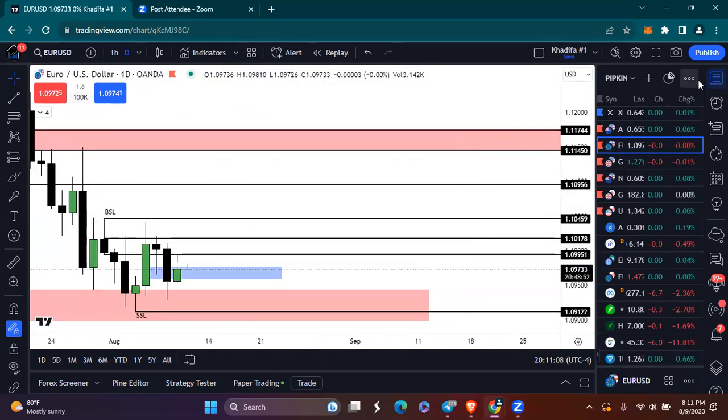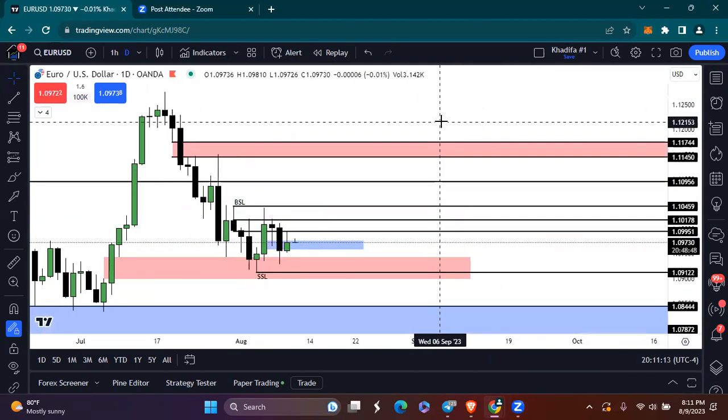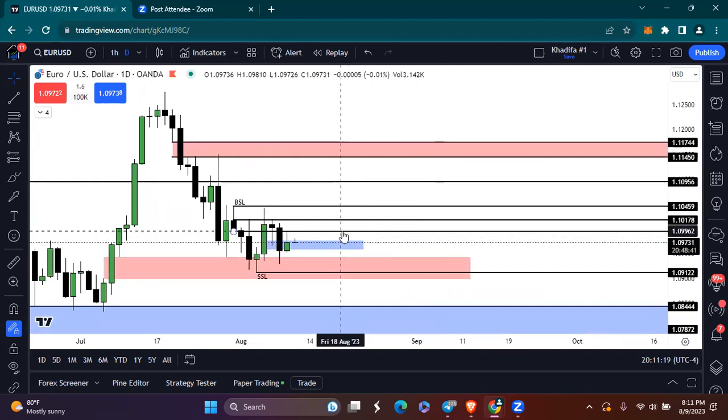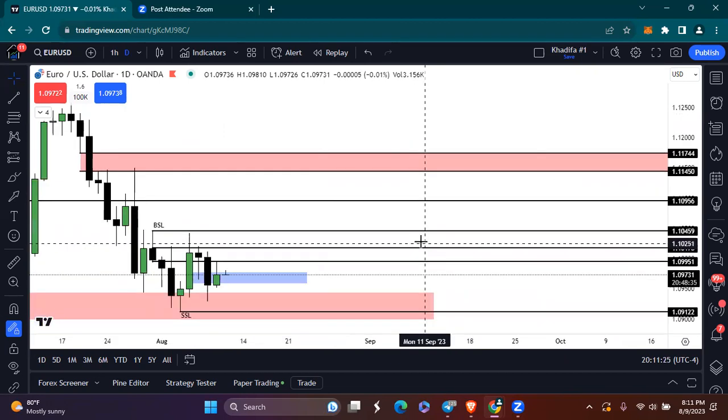Of course, we were bearish. Well, I was bearish for currencies, being that I was bullish for the dollar. And we know that currencies are inversely correlated with the dollar. So that means they push in the opposite direction.